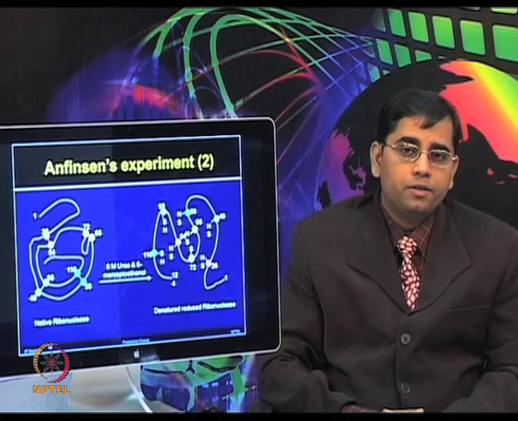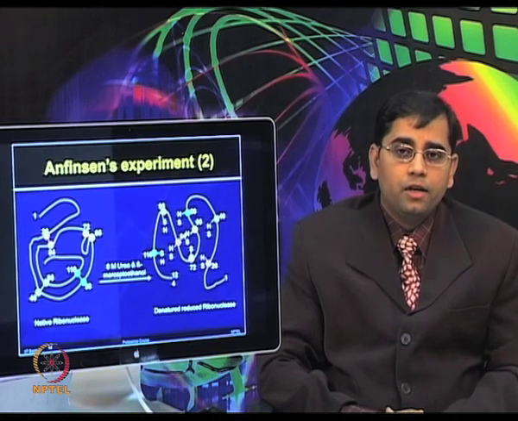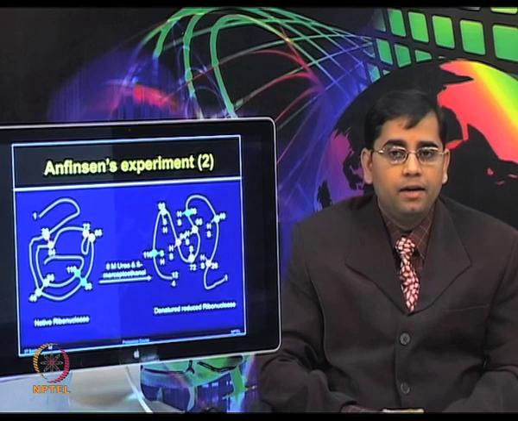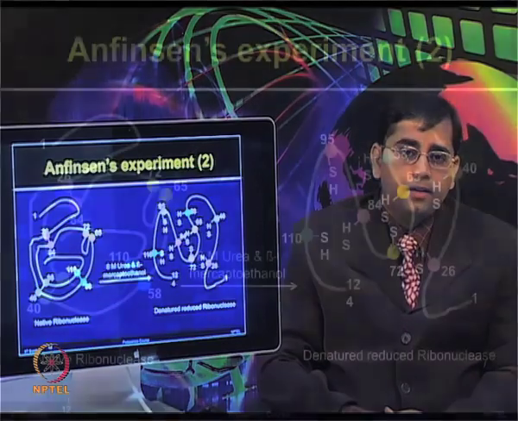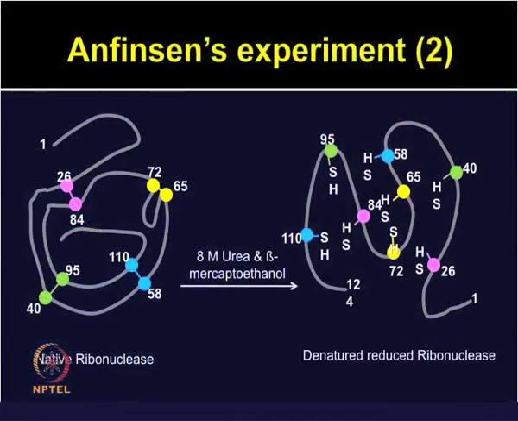The ribonuclease native conformation is lost when it was treated with 8 molar urea and ß-mercaptoethanol. As you can see here, the native ribonuclease has formed denatured reduced ribonuclease due to the breaking of disulfide and non-covalent interactions.